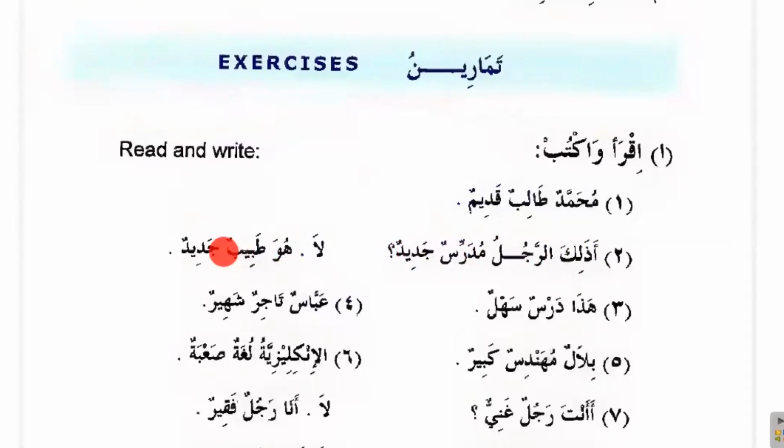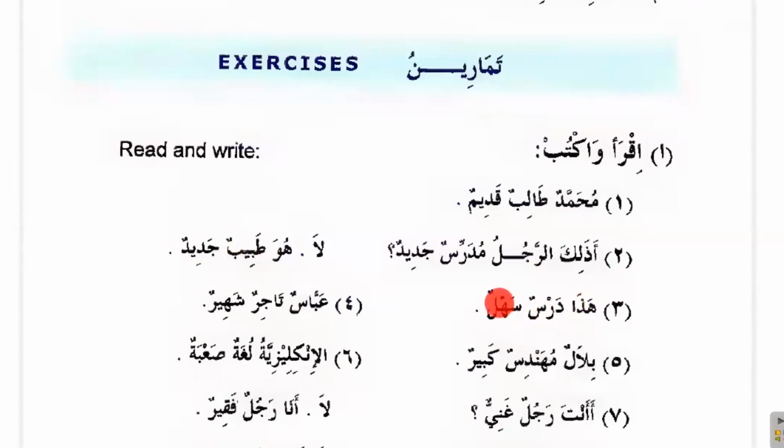La, huwa tabibun jadidun. No, this is no. Not rather, this means no. Rather is bal, but this one is la, no. Huwa, he is. Tabibun, a doctor. Jadidun, a new doctor.